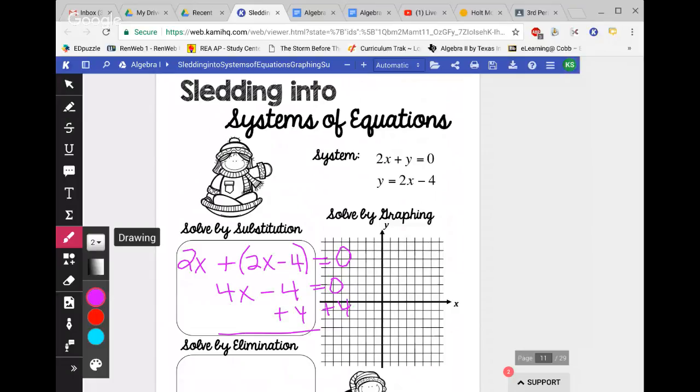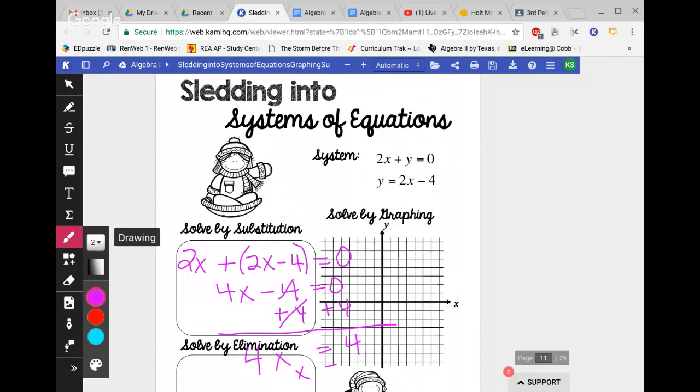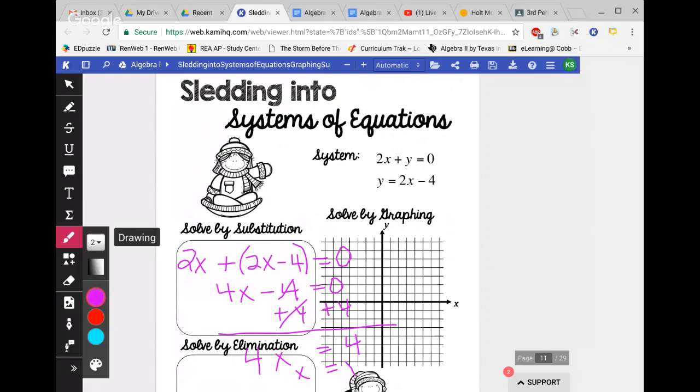Have you already done this one? Yes, I just did it a minute ago. Then divide both sides by 4 and you get x equals 1. Did you get that? Yes. And then I got y equals -2. That's it. The answer is (1, -2).